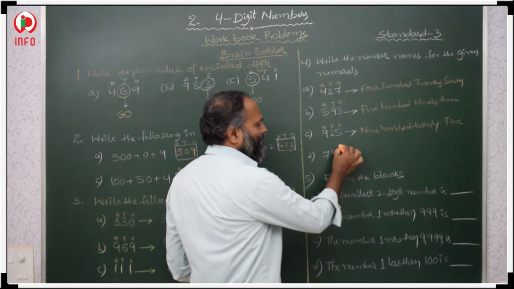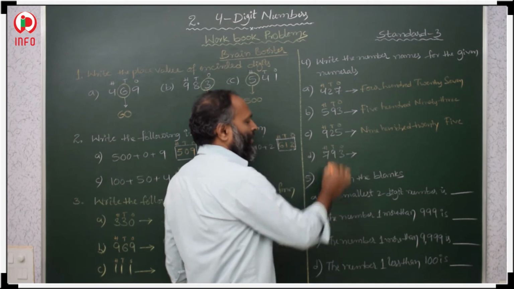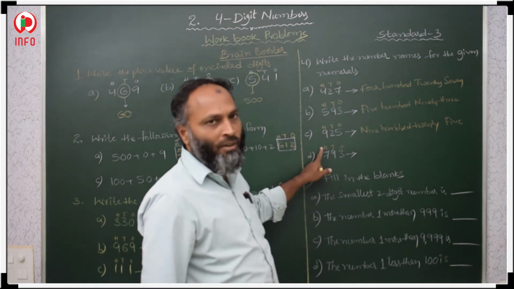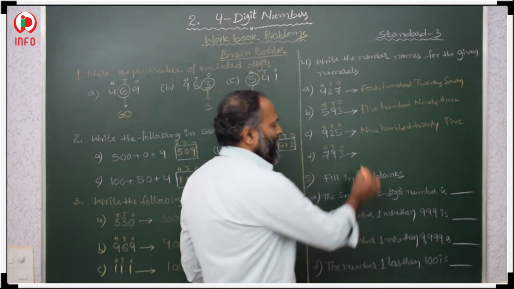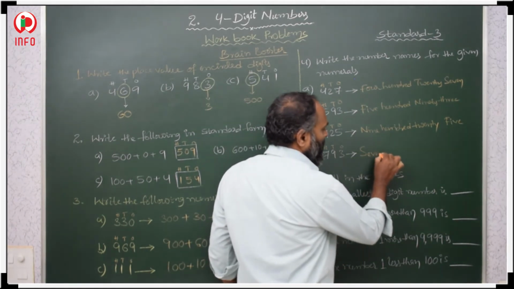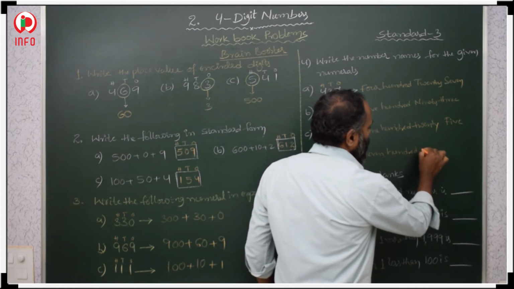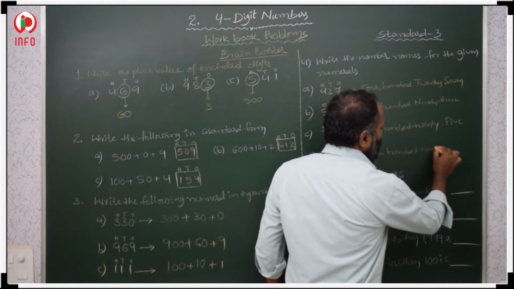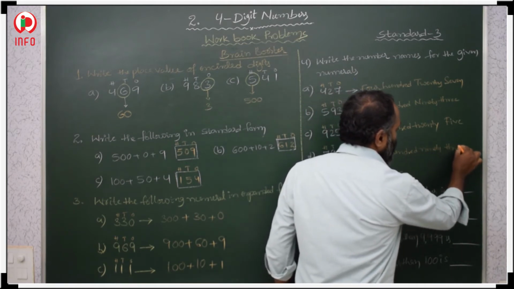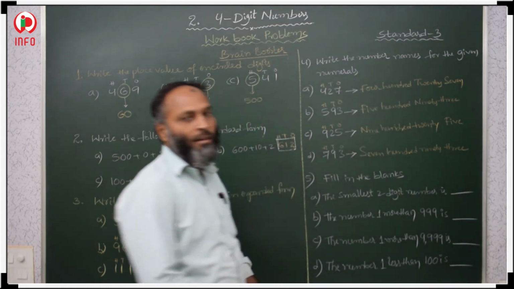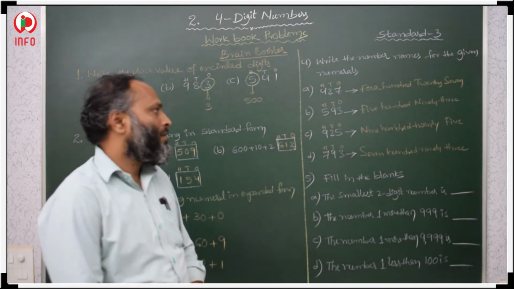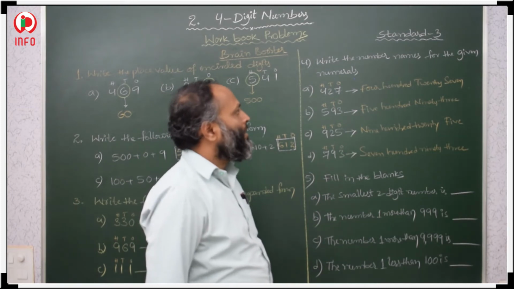Next, ones, tens, hundreds. 793. So these are in words.